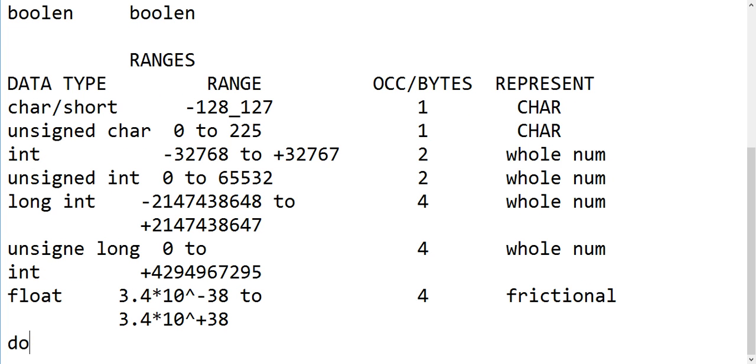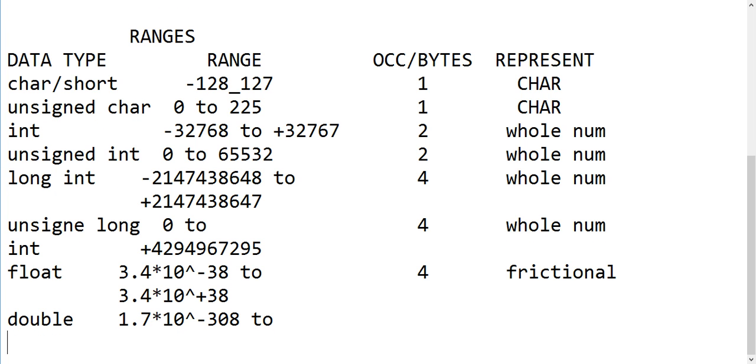Then comes the double. Its range is 1.7 times 10 to the power minus 308 to 1.7 times 10 to the power plus 308. And it also represents a fractional value.